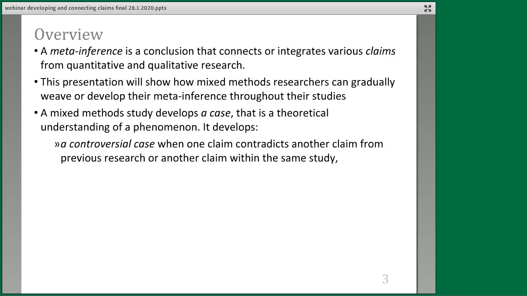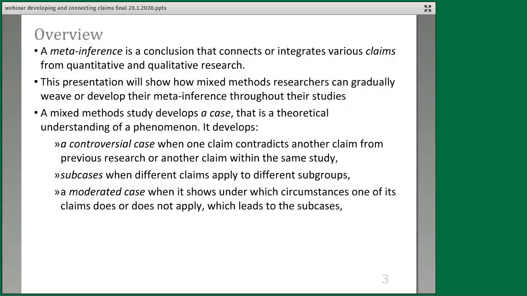And I will present 3 stages, and I will say that a mixed method study develops a controversial case when one claim contradicts another claim from, for example, previous research or another claim within the same study. It develops subcases when different claims apply to different subgroups.